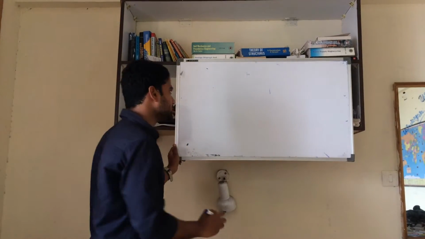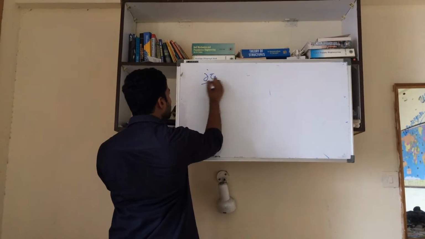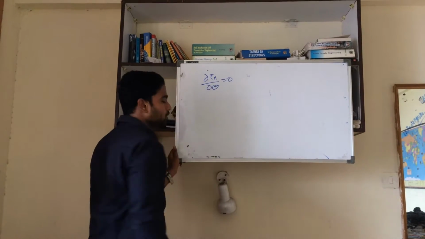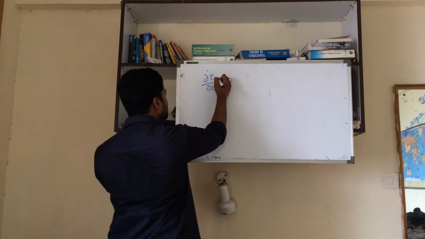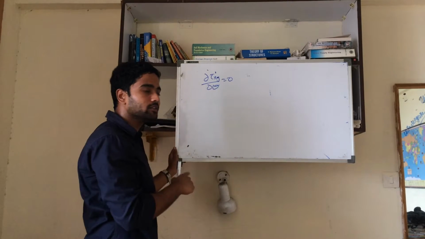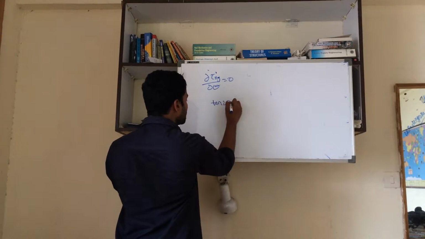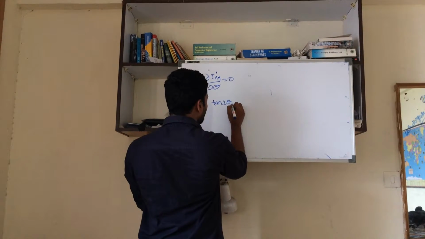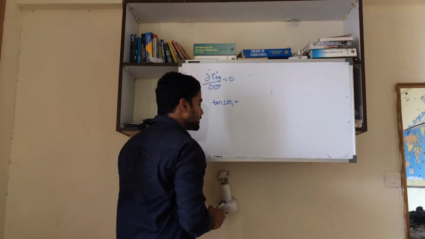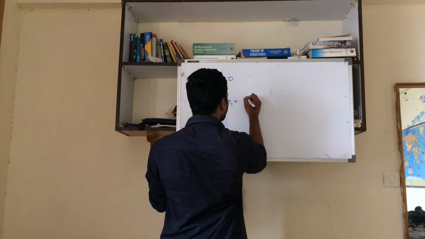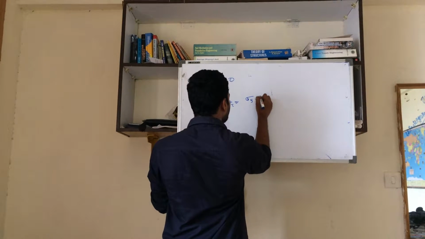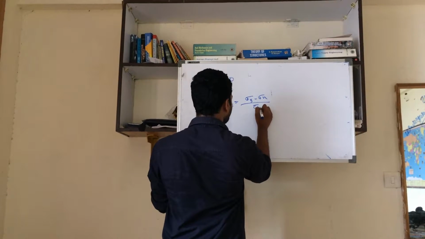For maximum shear stress, dou tau x by dou theta should be made equal to 0. Once we make tau xy dash, the earlier equation, equal to 0, then you will get tan 2 theta t, which would be equal to sigma y minus sigma x by tau xy.